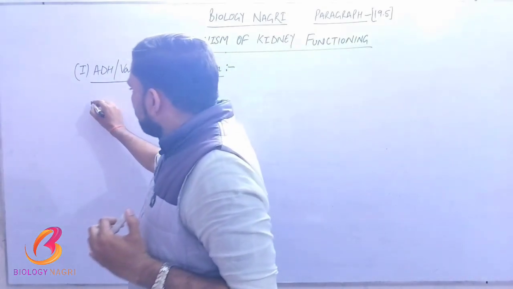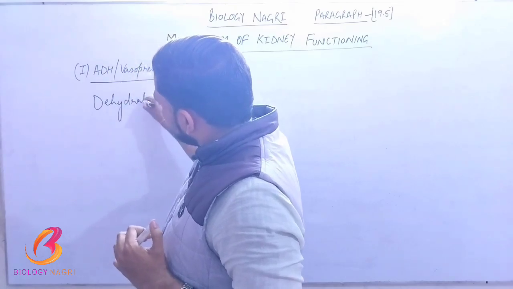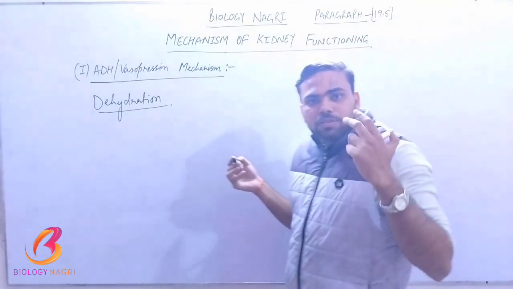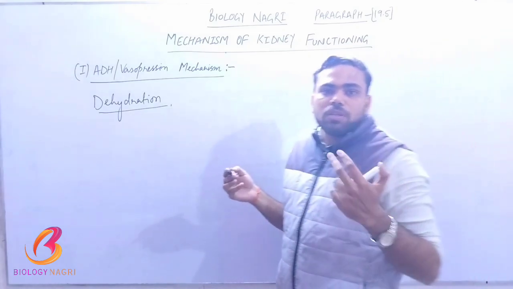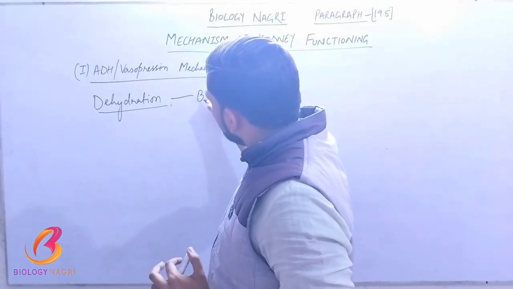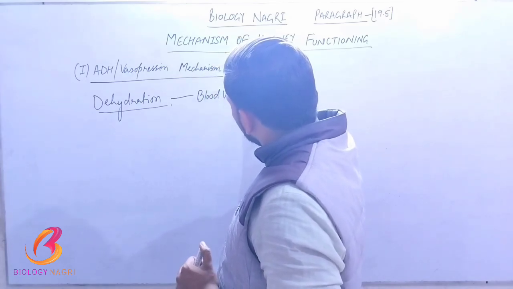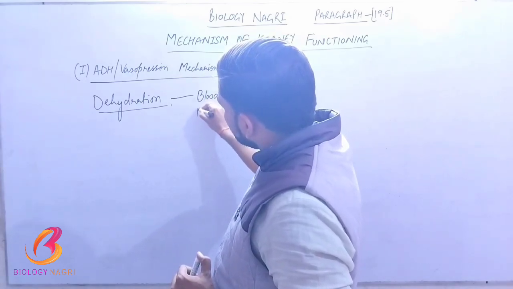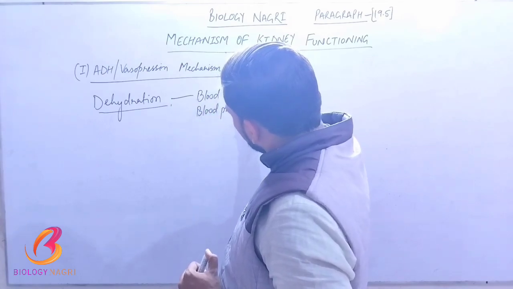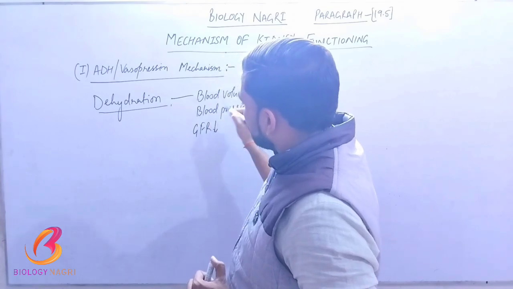It means in the case of dehydration in the body, the heavy loss of water leads to a decrease in blood volume, which leads to a decrease in blood pressure, and finally the glomerular filtration rate also falls.